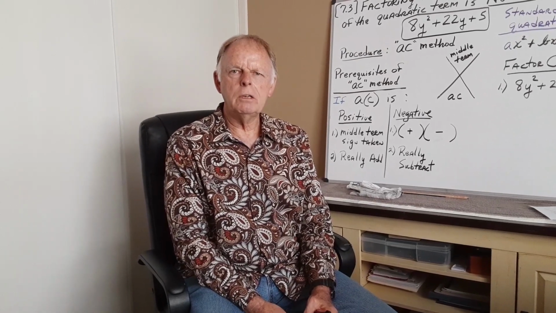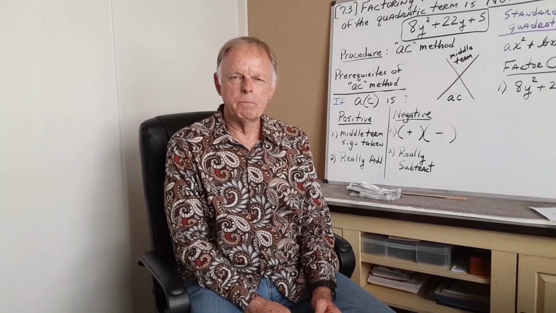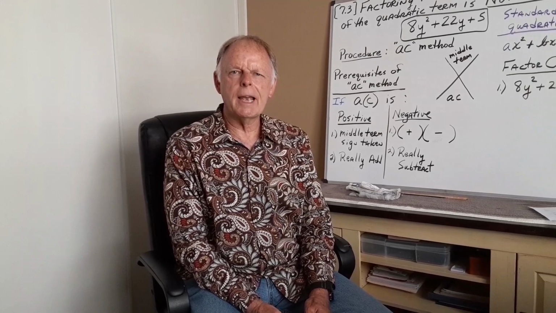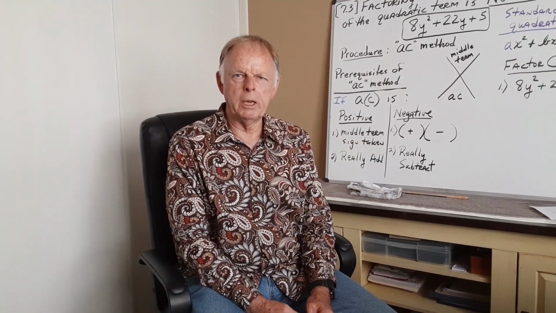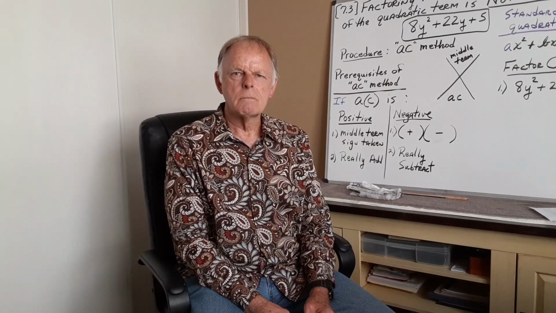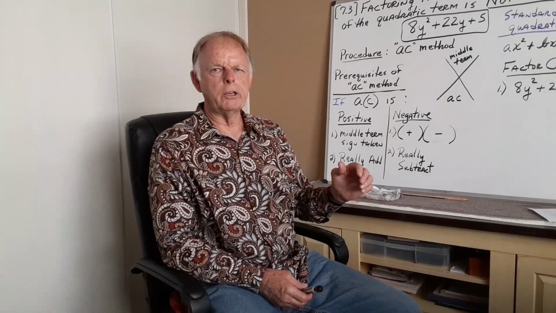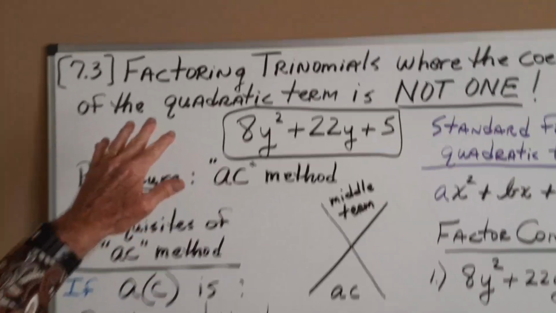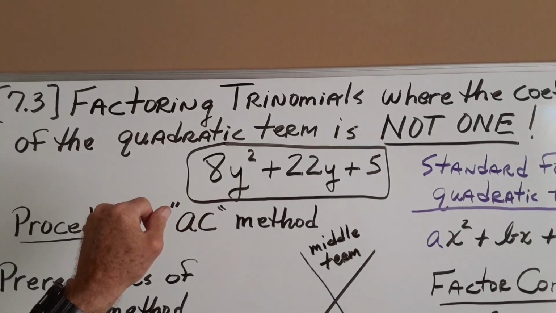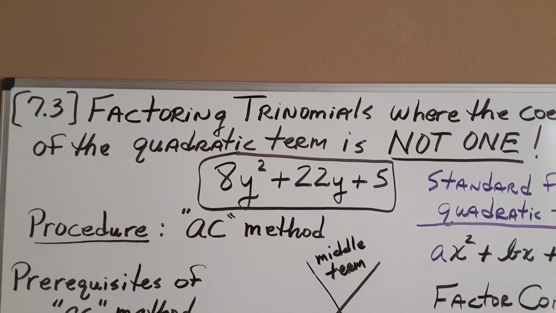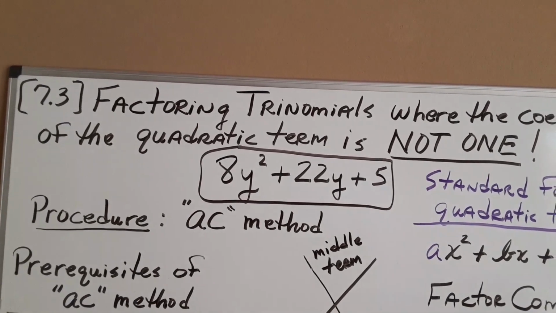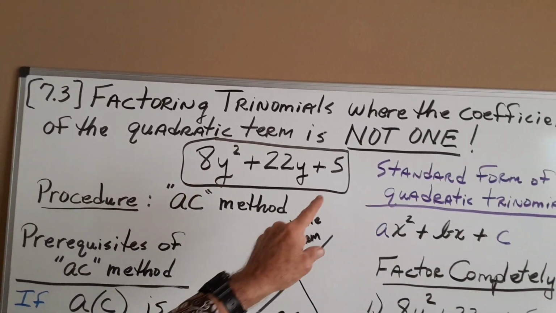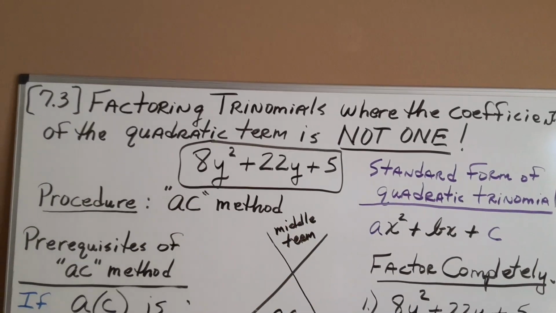Now in 7.3, we're moving to the second style of trinomial. The second style of trinomial is exactly what 7.3 is entitled: Factoring trinomials where the coefficient of the quadratic term is not 1.